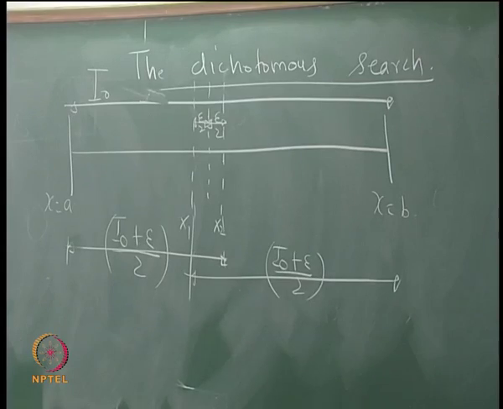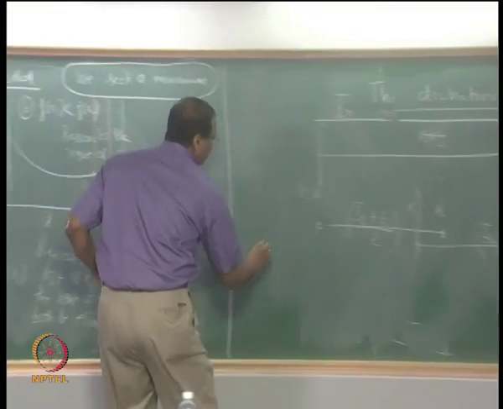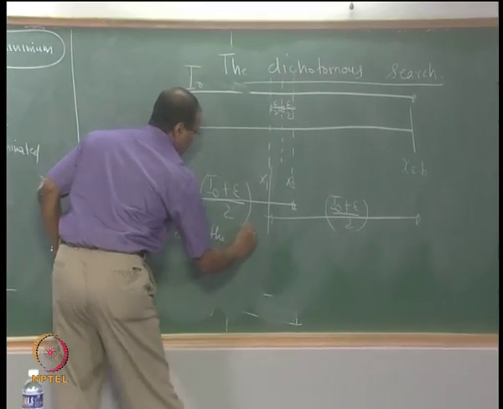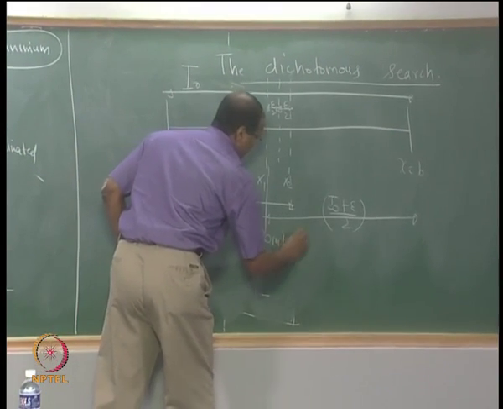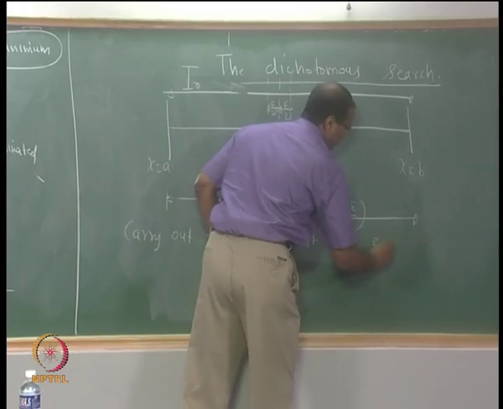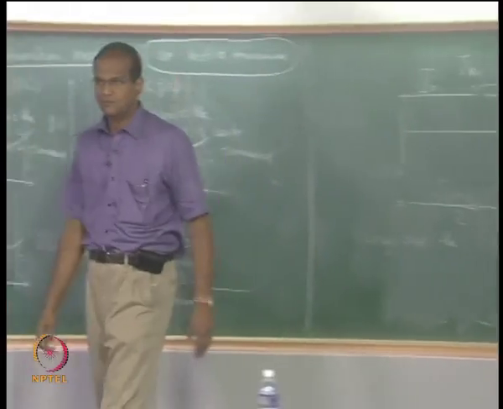If I do a 2-point test on x1 and x2, how much of the interval can I eliminate with just 2 function evaluations, you tell me. So carry out the 2-point test. Forget about the case when f of x1 equals f of x2.